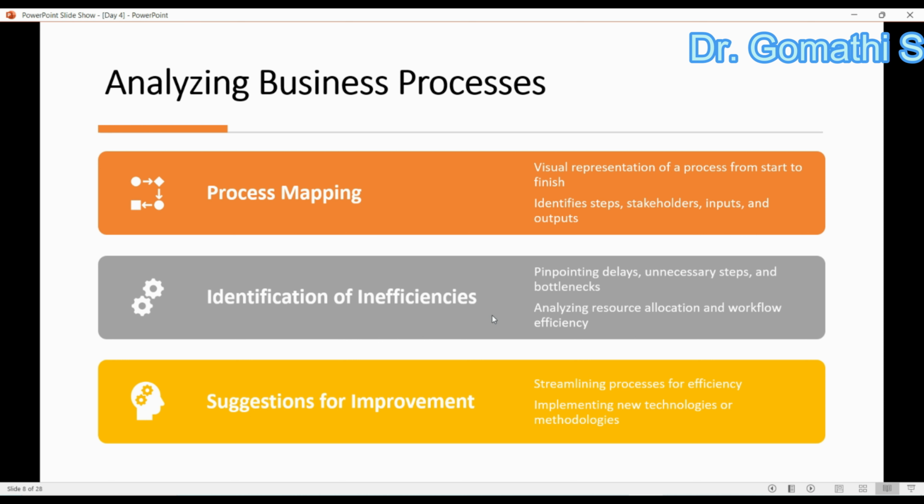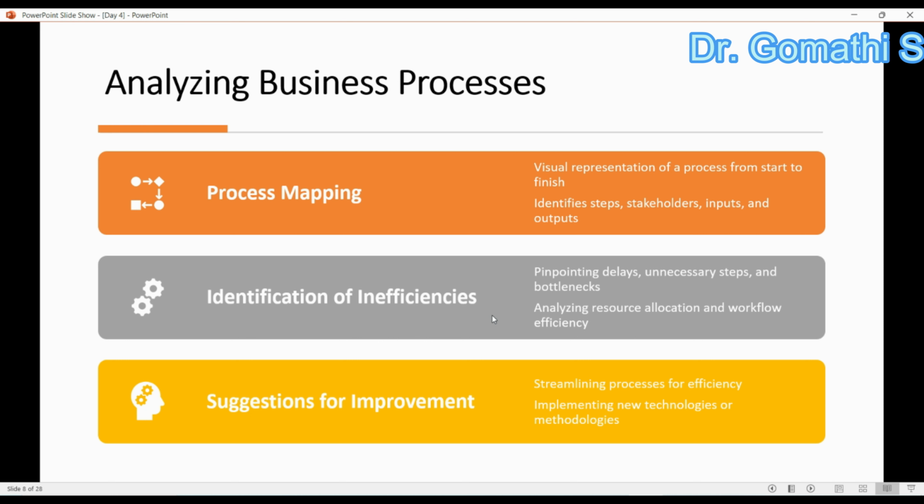Next is identification of inefficiencies. This aspect involves closely examining the mapped process to pinpoint areas of inefficiency. Common issues are delays, redundant steps, and bottlenecks. It also includes analyzing resource allocation and workflow efficiencies to determine areas that hinder optimal performance.